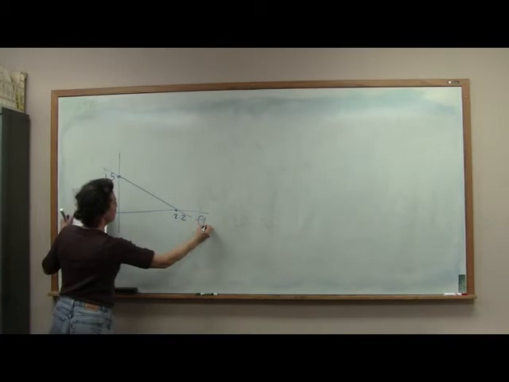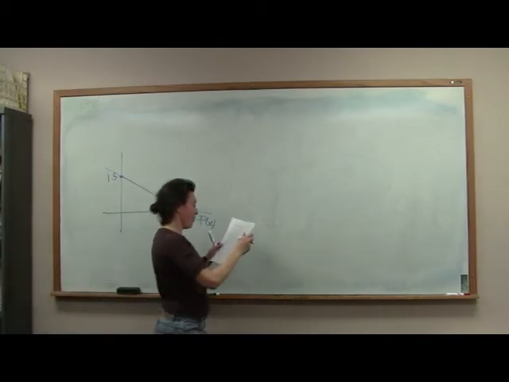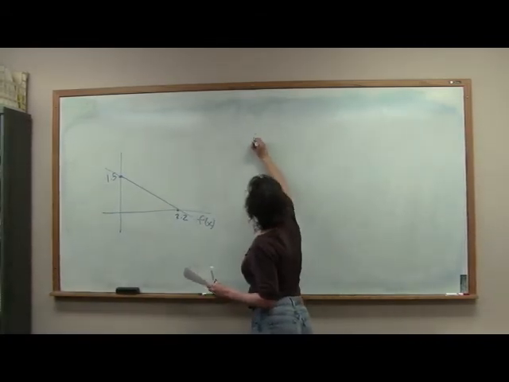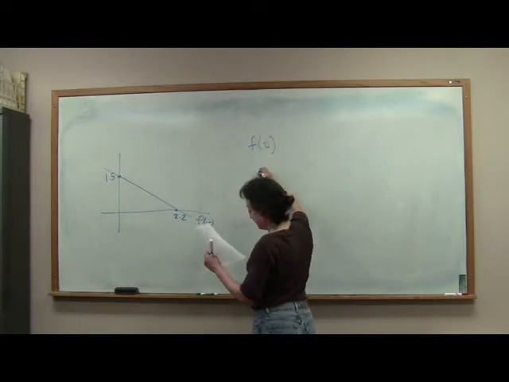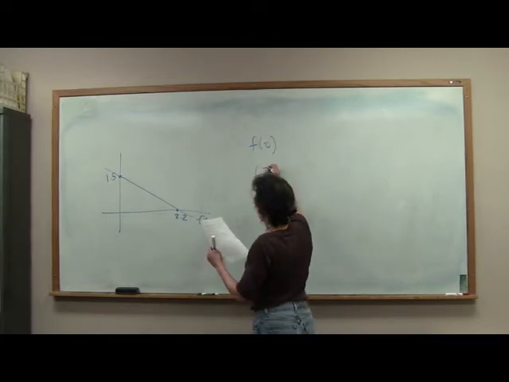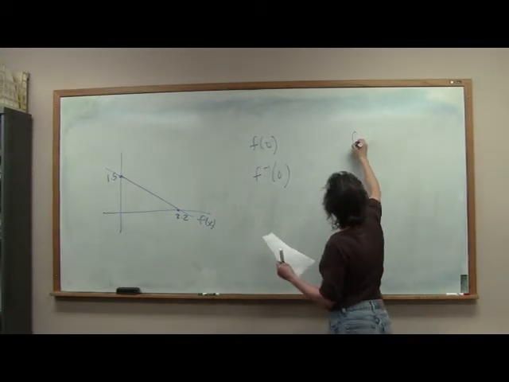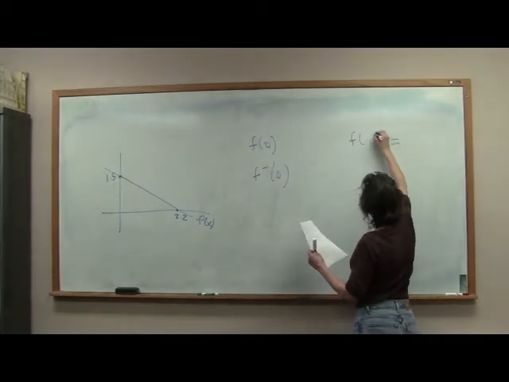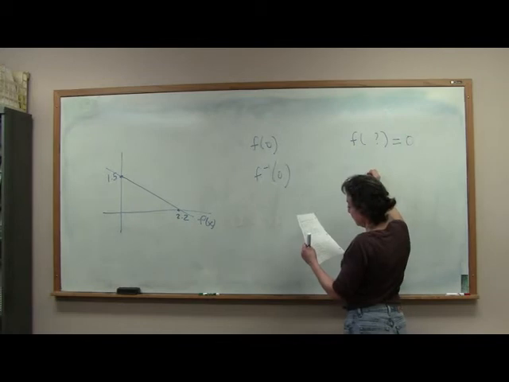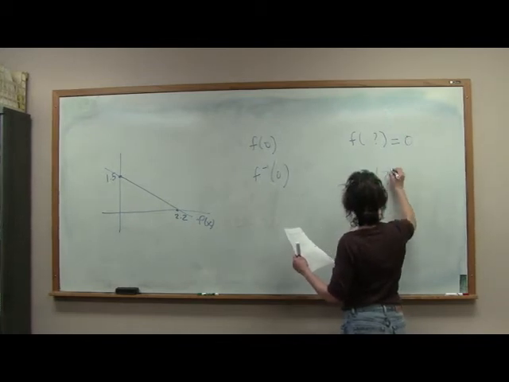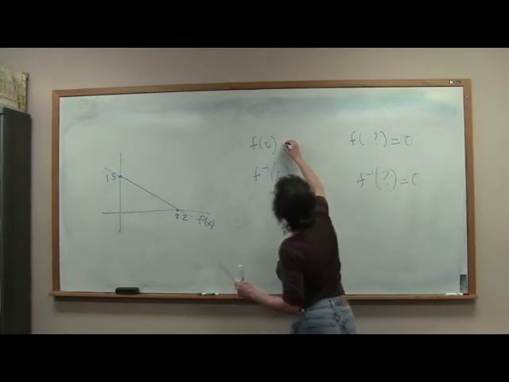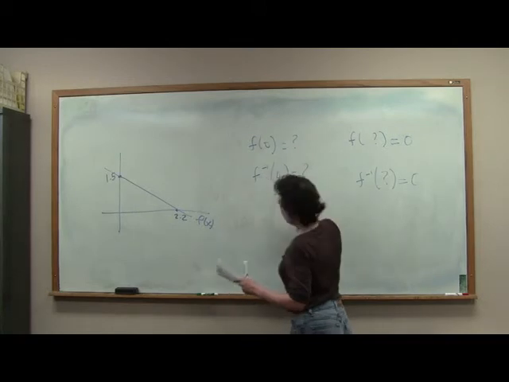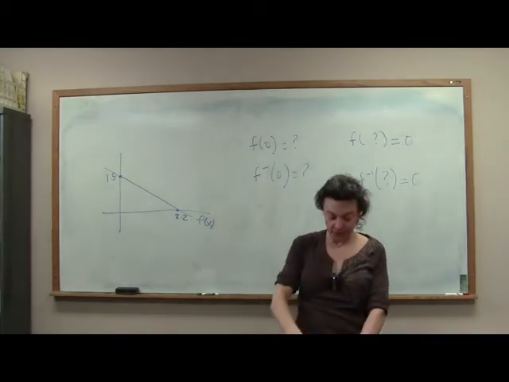And this is my function f of x. And what I want us to find is the following. f of 0, f inverse of 0, f of what equals 0, and f inverse of what equals 0. So we want to replace our question marks.